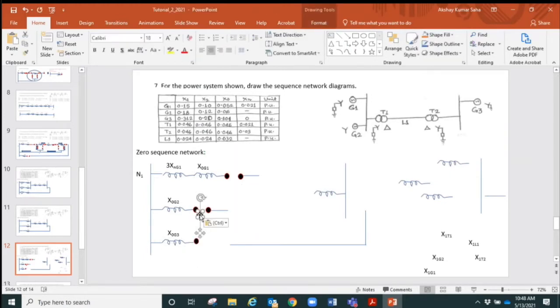So we have these three opens after the generator terminals. So what we now need to do is look at the connections, and then we close or leave them open.